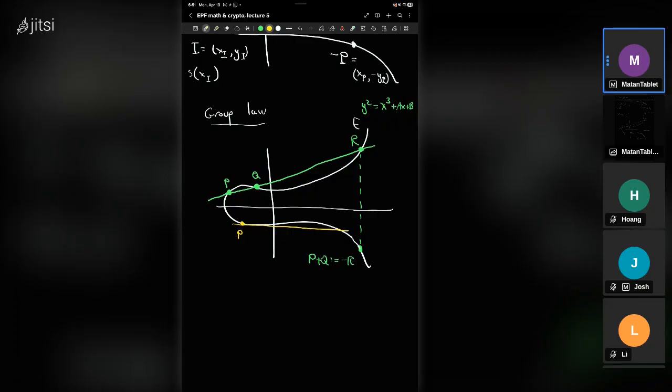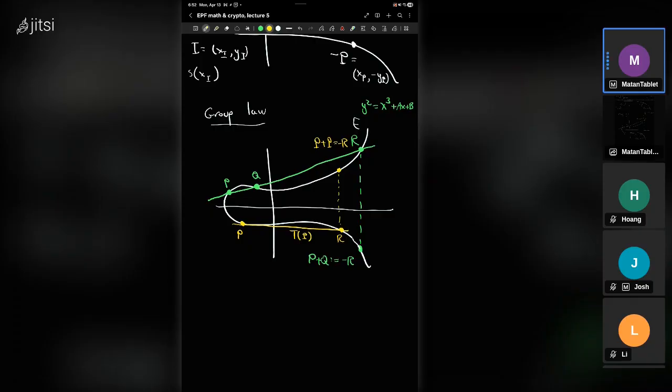And this line, the tangent line at P, will intersect, again, because this is a curve of degree 3, the curve at one additional point, R. And I define P plus P to be minus R, the reflection of R along the x-axis.